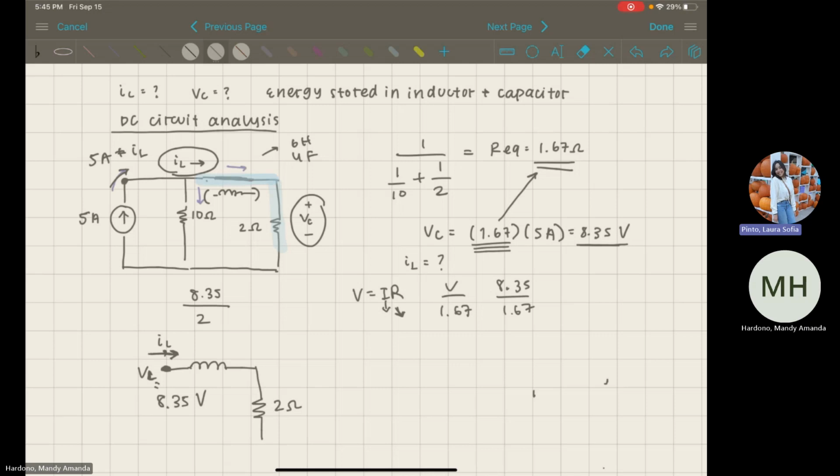So the voltage here at point A is the same voltage here at point B, is the same voltage here at point C. So that's why we can still use the 8.35 volts, but whenever we're trying to calculate the current, we use this as the reference because it has that series connection with the inductor. So does that make sense why it's 8.35 over 2 ohms?